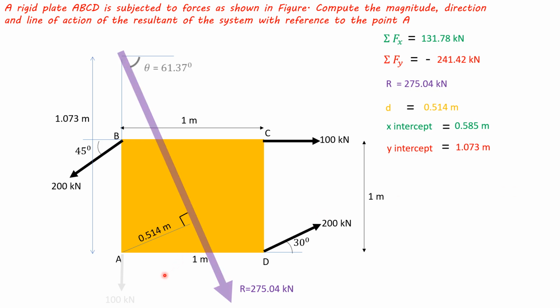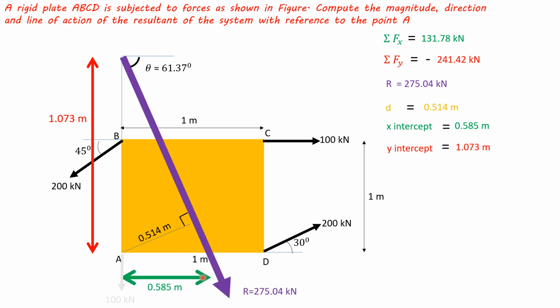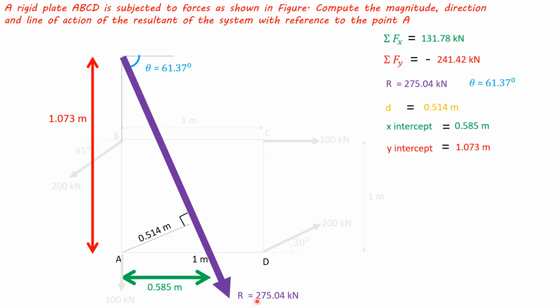We have the x-intercept and y-intercept, and the angle and magnitude of the resultant: x-intercept, y-intercept, magnitude and angle, direction.